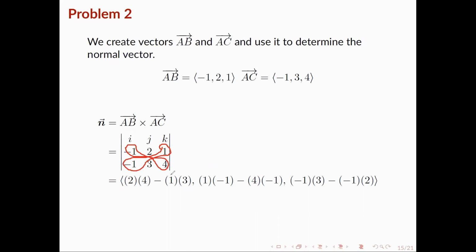So that's going to be negative of -1 times 4 minus -1 times 1, or if apply na natin yung negative sa labas, that's going to be -1 times 1 minus 4 times -1. And then for the z coordinate, that's gonna be the product of this minus the product of this. So that's -1 times 3 minus -1 times 2.